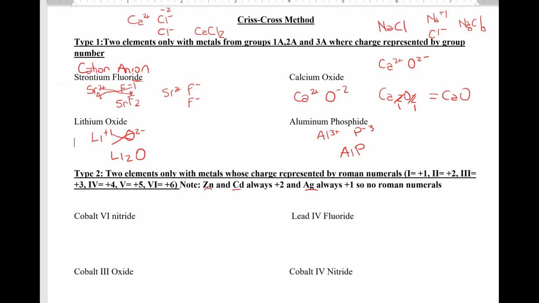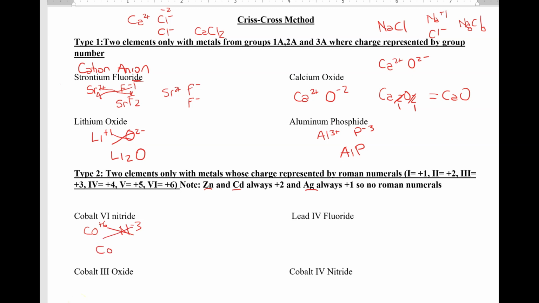For now, for the Roman numeral stuff anyways, they give you the charge. So same thing we did up here, except we don't look at the periodic table for these. At least we don't need to for cobalt. So cobalt VI, so that's 6. So positive 6 charge. Nitride, negative 3 charge. So crisscross, right?